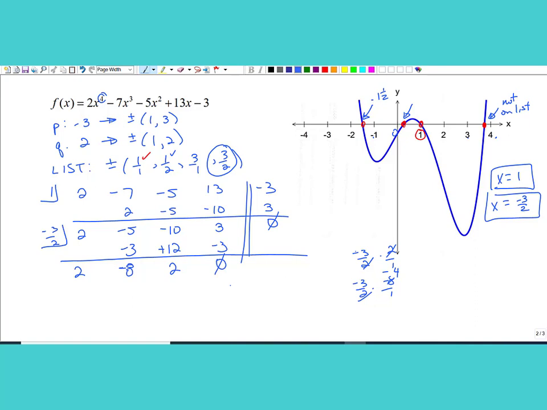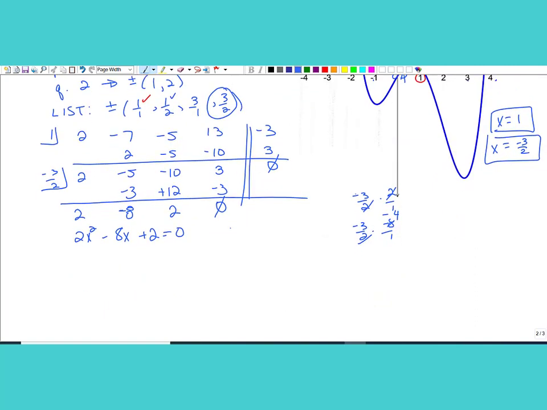So I don't think these other 2 are on my list. Remember, my list were rational zeros. Rational numbers. Numbers that can be expressed as a fraction. So most likely these numbers are going to be irrational, which means what I have left, 2x squared minus 8x plus 2 is equal to 0, is probably not going to factor, and I'm going to need to use the quadratic formula.